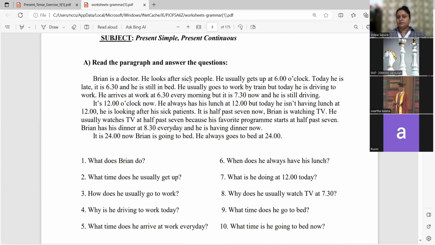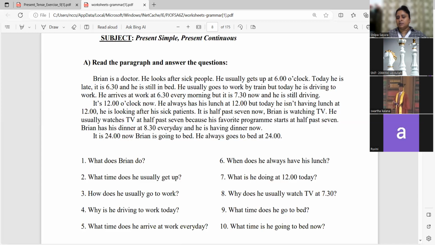He looks after sick people. So you see, he looks after sick people. He usually gets up at 6 o'clock. Today he is late. It is 6:30 and he is still in bed. He usually goes to work by train, but today he is driving to work.